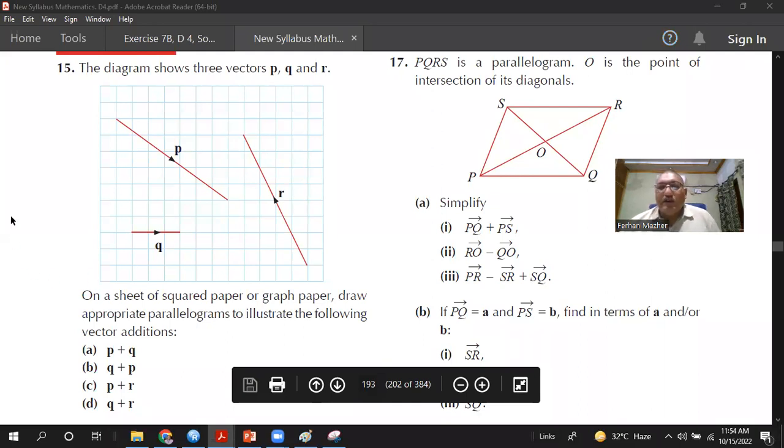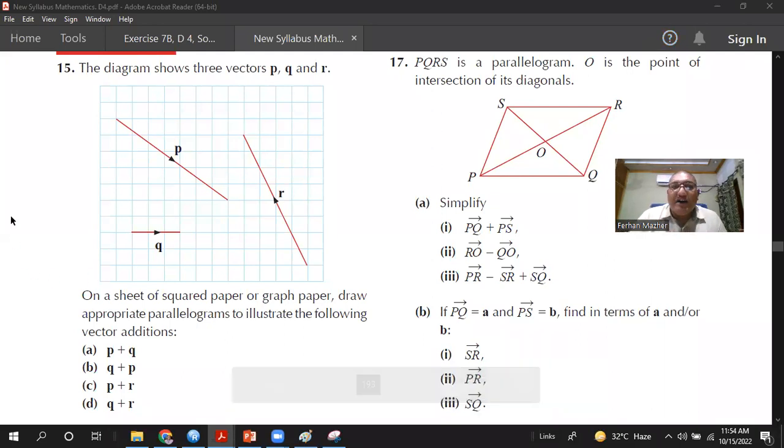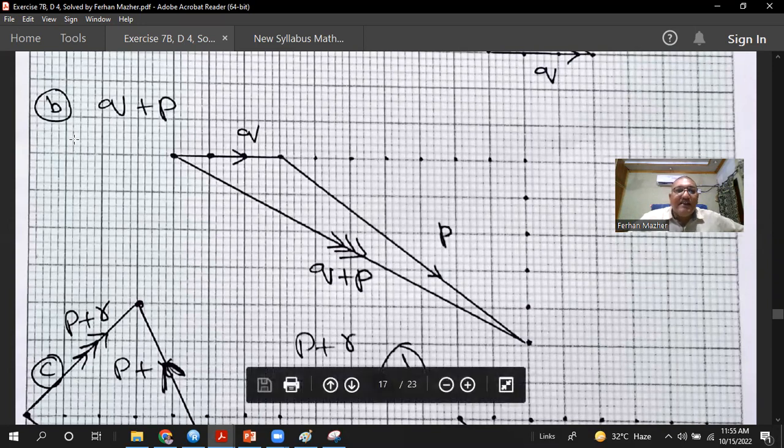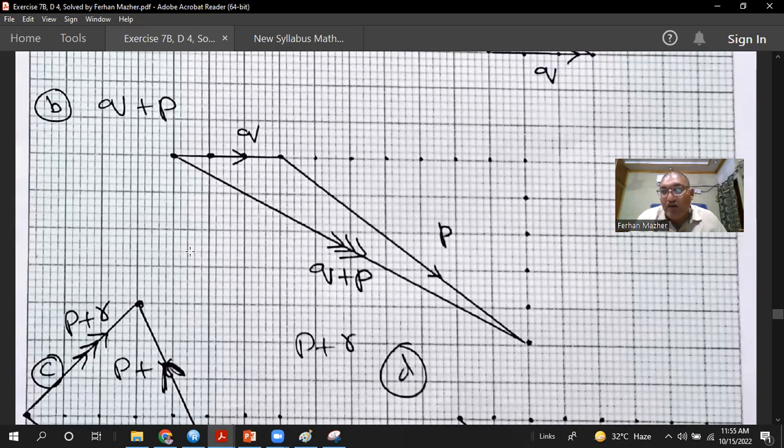Okay, so now we are on question number 15, the B part. Here you have to find out Q plus P with the help of the parallelogram law. So if you want to find out Q plus P, first of all, I will draw the Q. Then I have drawn the P, then I have joined the tail of the P with the head of the Q. So that gives me Q plus P, but this is by the triangular law.